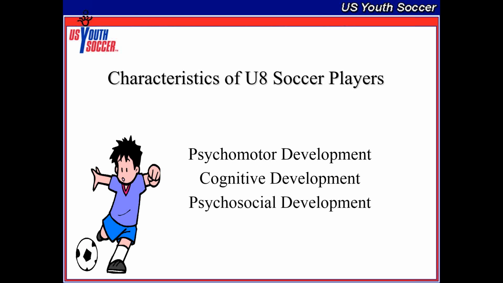So the next one is under 8s, where there's still a lot of egocentric play in what they do, but they are beginning to play with a partner. Not necessarily all the teammates, but with a partner. So mentally, their attention span's a little bit longer, so you can stay on an activity in a training session a little bit longer.